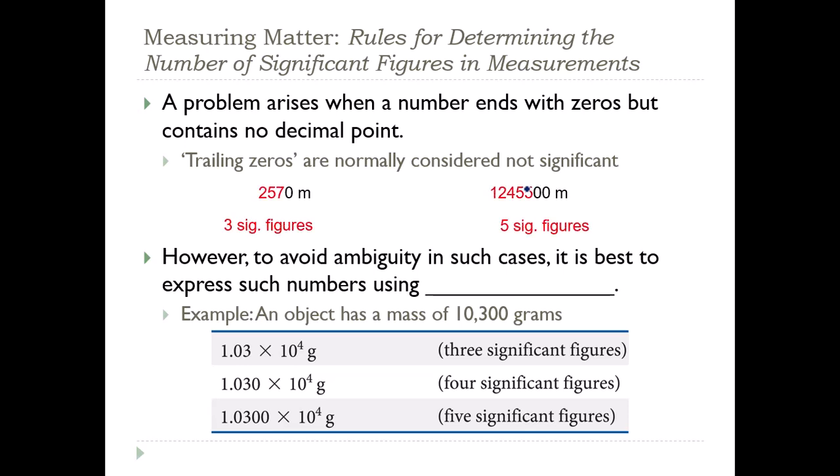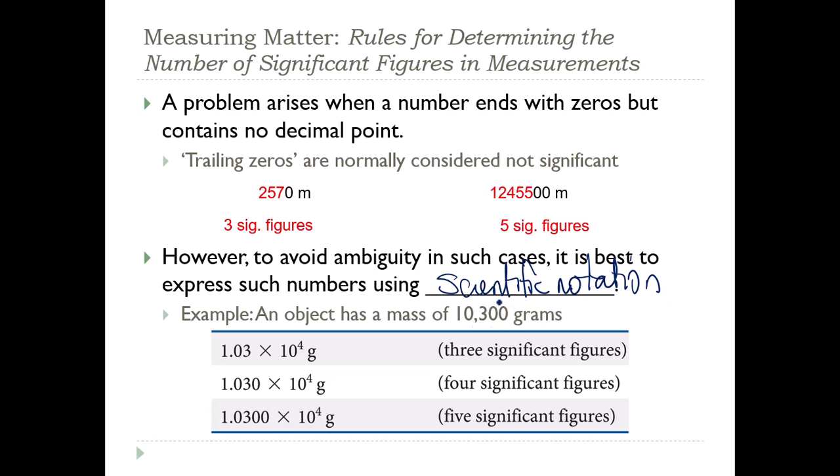And so to eliminate this ambiguity, it's best to express such numbers using scientific notation. Hopefully you watched that video on expressing numbers in scientific notation. Let's say the object had a mass of 10,300 grams.